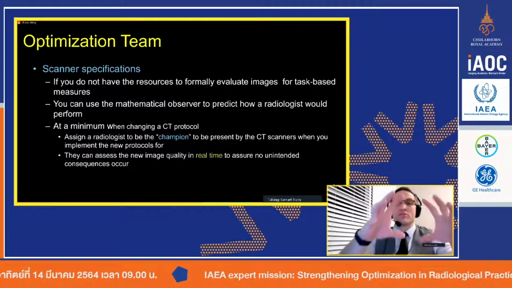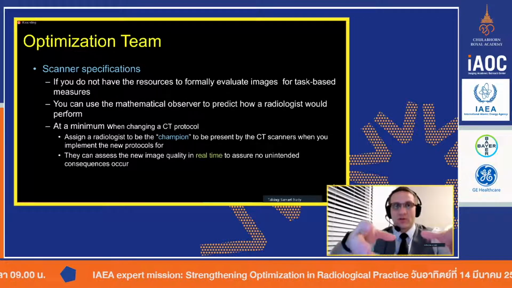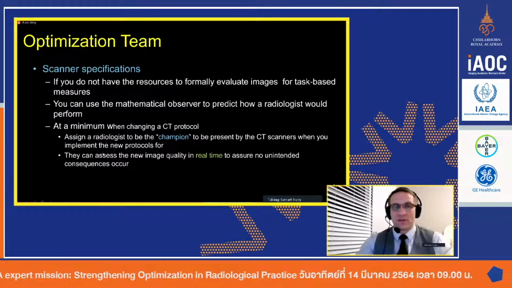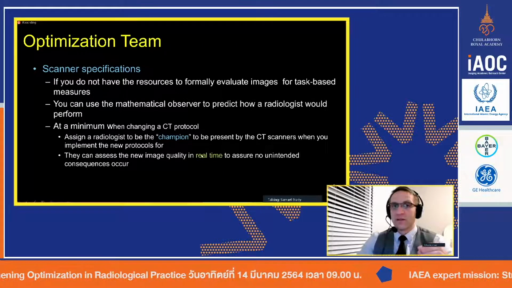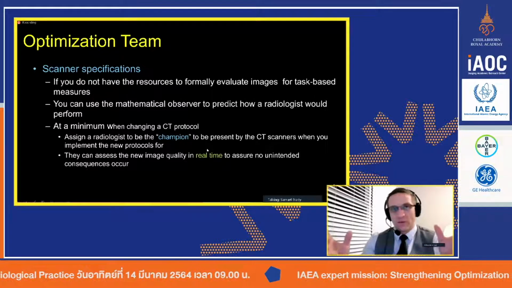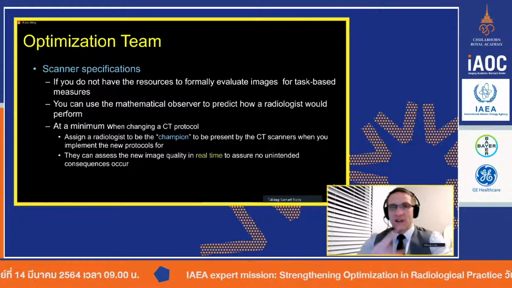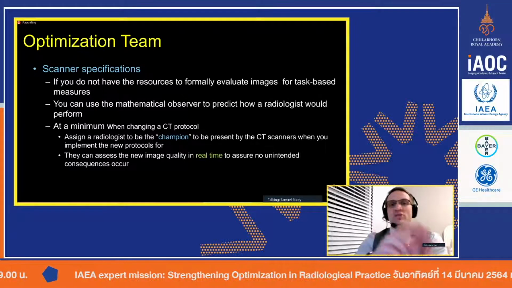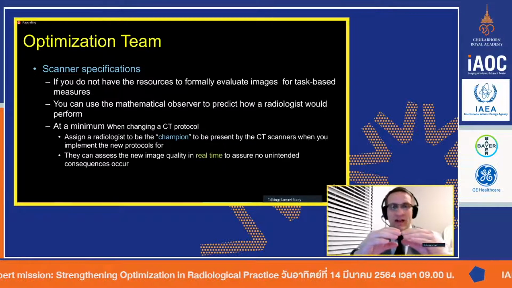This is a radiologist. And then once those changes have been implemented on these protocols, that radiologist, that quote unquote champion, the person in charge of it, will be there either at the CT scanner or at least in the reading room, watching as these new images come across. And so on day one, when you go live with the new changes, they're there to at least make sure nothing goes wrong.